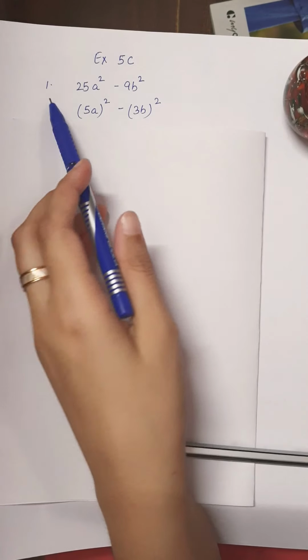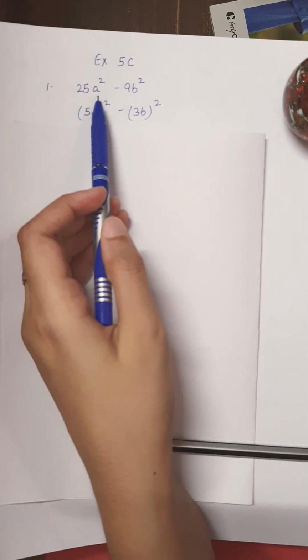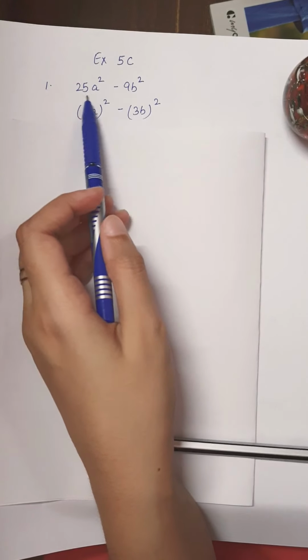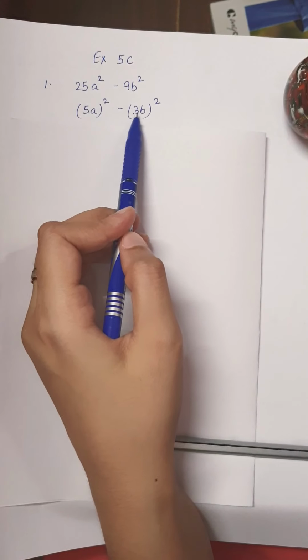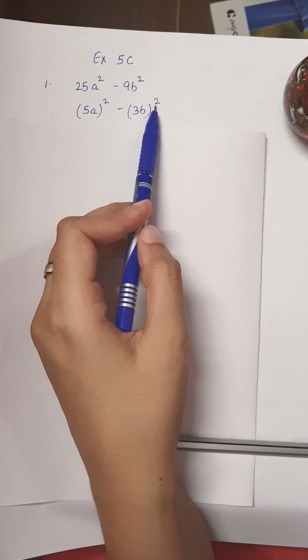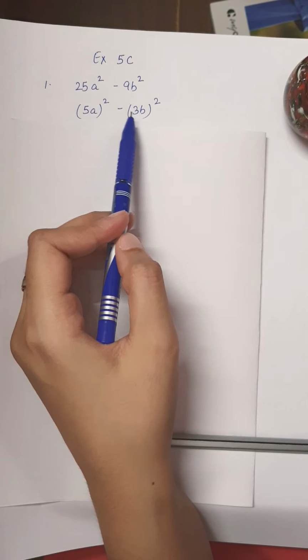Question number 1, exercise 5C, your textbook, 25a square minus 9b square. This can be written as (5a) whole square minus (3b) whole square. Now as you can see, this is just square of something minus square of another thing.